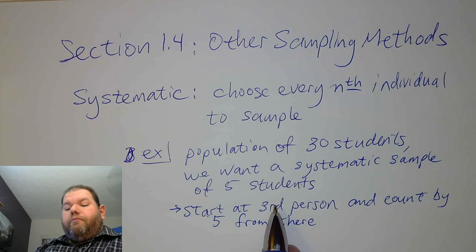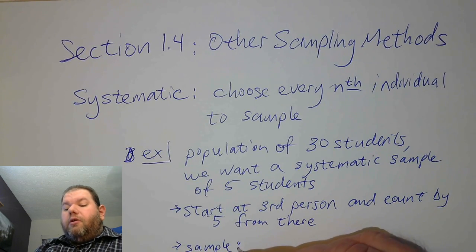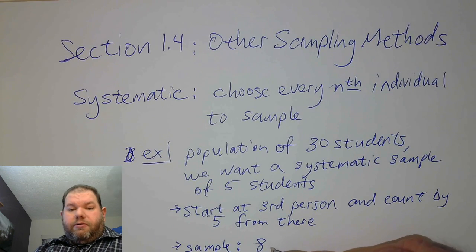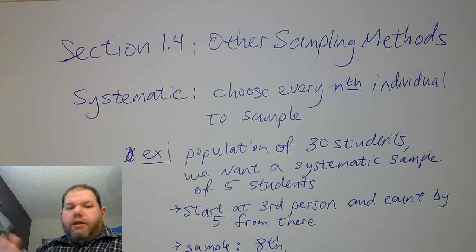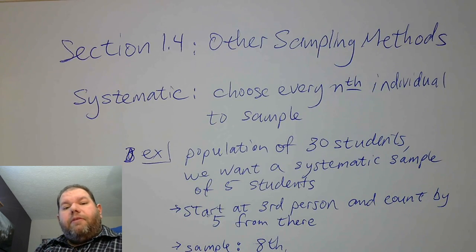So starting from the third person, we count 5 after that. That would give us, so we would sample the 8th person in the class. Likely this would be done alphabetically, but it's similar to random sampling where you have a number for each individual in the population.